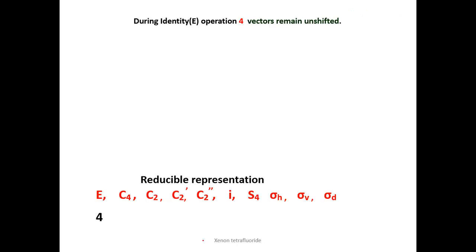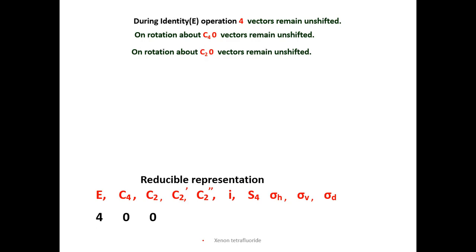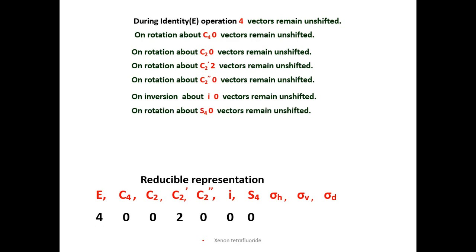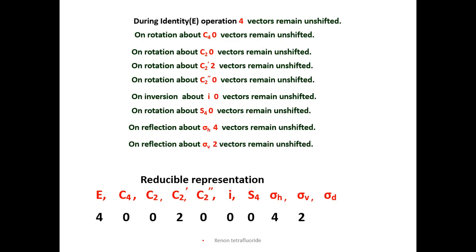We will sum up all these things. During identity operation, 4 vectors remain unshifted, C4 0 vectors, C2 0 vectors, C2 dash 2 vectors, C2 double dash 0 vectors, I 0 vectors, S4 0 vectors, sigma H 4 vectors, sigma V 2 vectors, and sigma D 0 vectors remain unshifted.